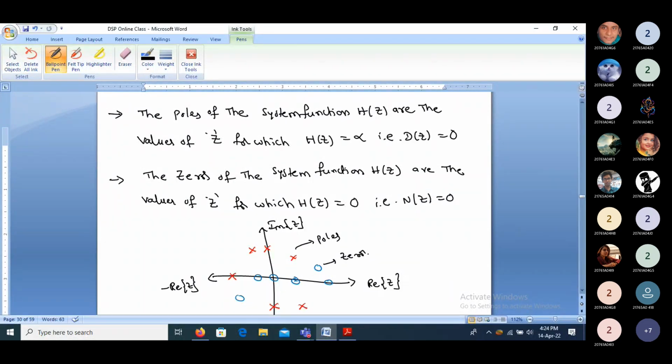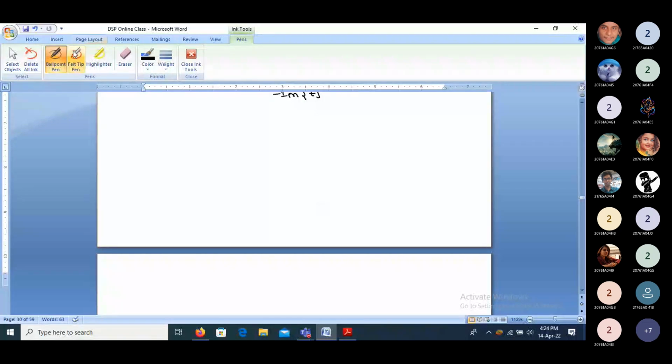Based on the pole's location in the Z plane, we decide whether the system is causal or stable or causal and stable. That is the next application of the Z transformation. The third application is causality and stability of the LTI system.